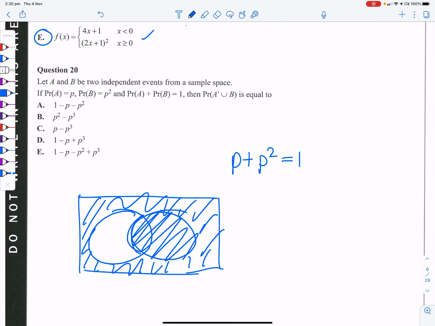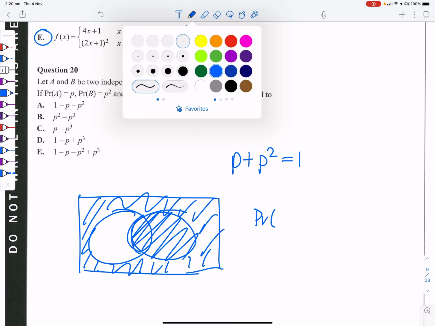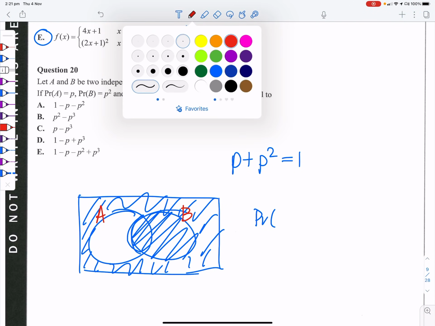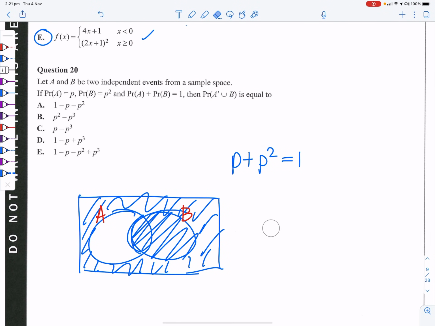So it's 1 minus, it's the probability of, what's this one? What do we say? This is A, that's A, that's B. A not, so it's 1 minus the probability of A only.